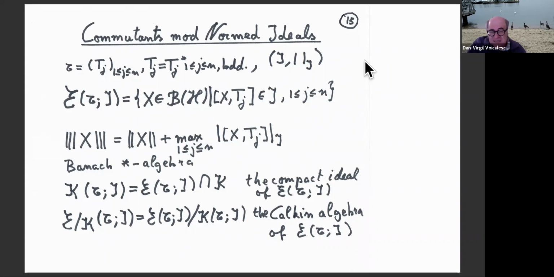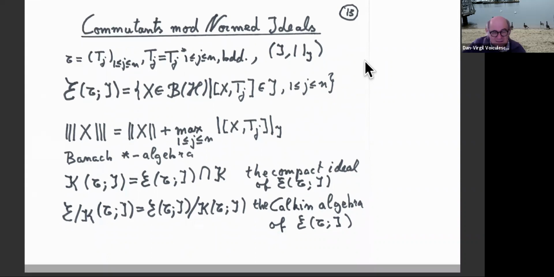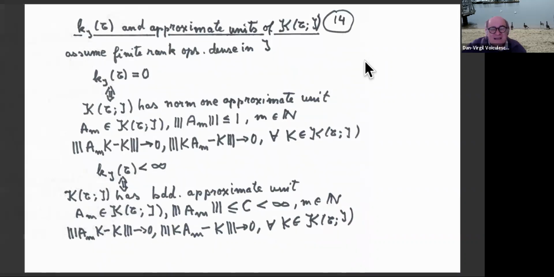And then there is a Calkin algebra for this situation. It is the quotient of the commutant by the compact ideal. And of course, if you take, for instance, the N-tuple tau to be a scalar or so, you get the usual Calkin algebra, the usual compact operators, things like that.